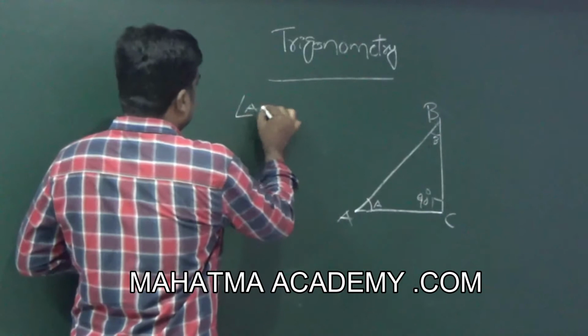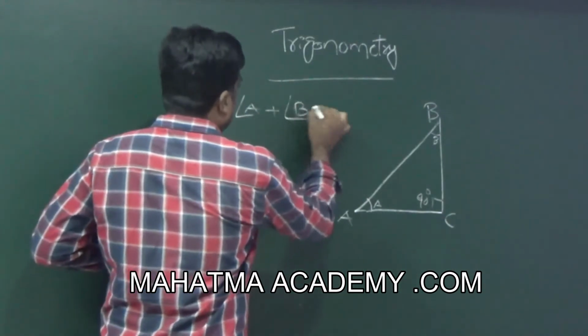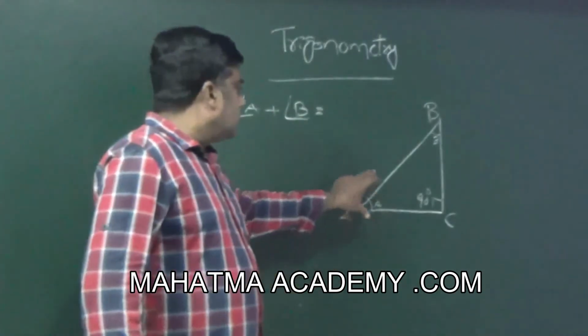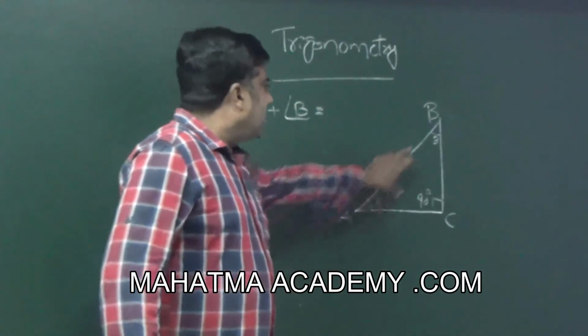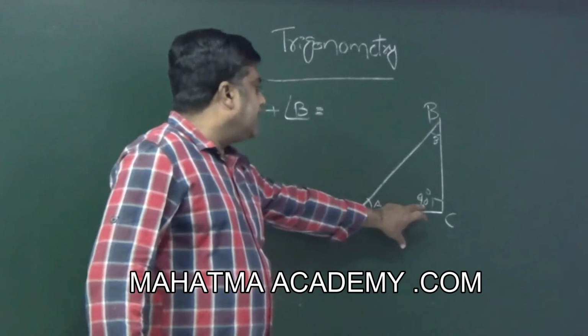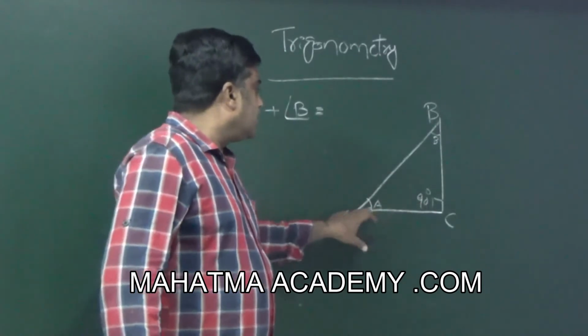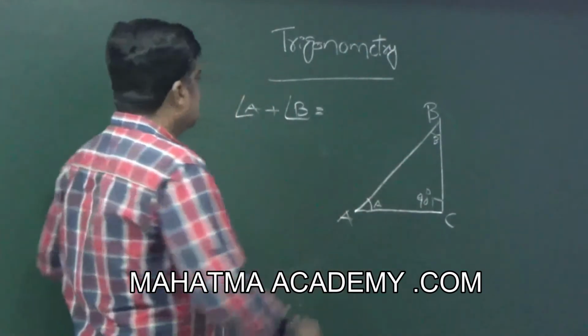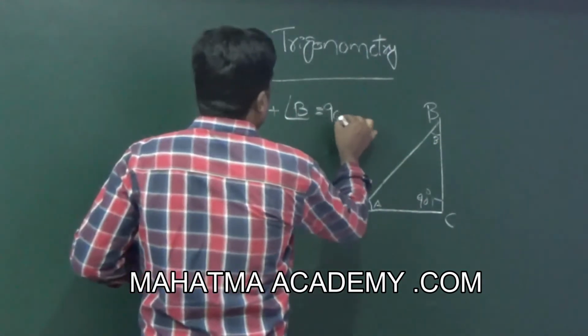We know the sum of the angles of a triangle is 180. This is 90, so the sum of the remaining two angles is 90 degrees.